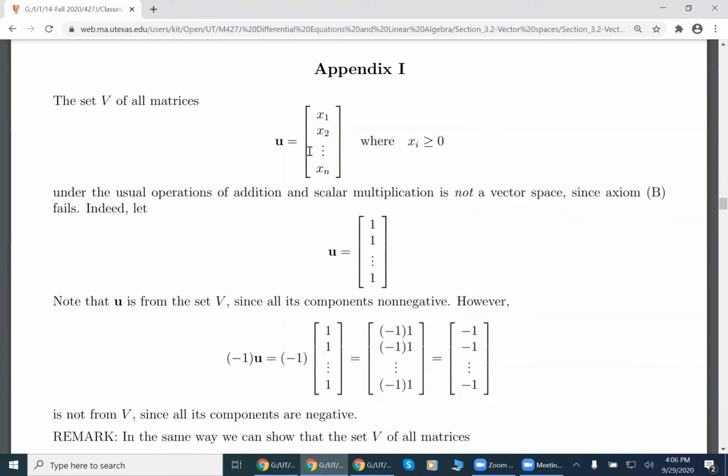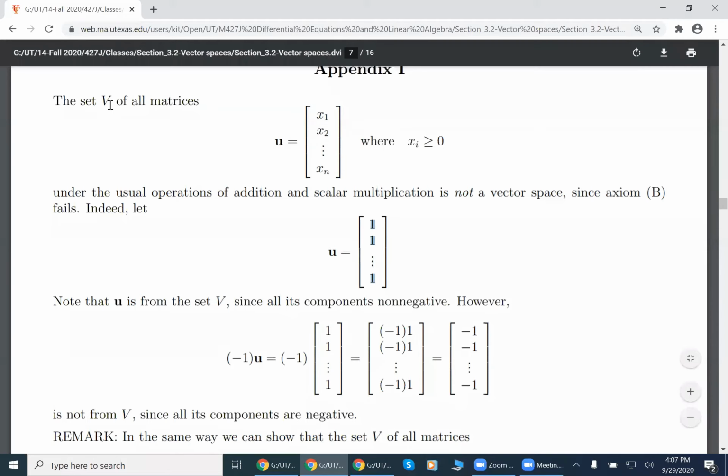This set is not a vector space because it is not closed under multiplication by a scalar. Indeed, consider this matrix column. It is from our set because each component is non-negative. However, if you multiply this by -1, now each component is negative and therefore it is not from B.